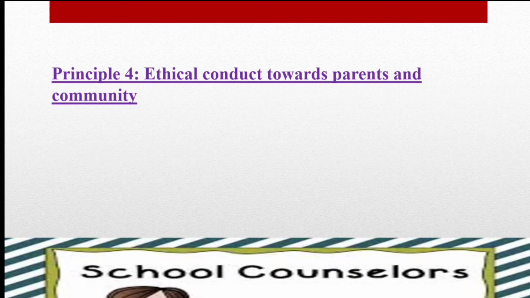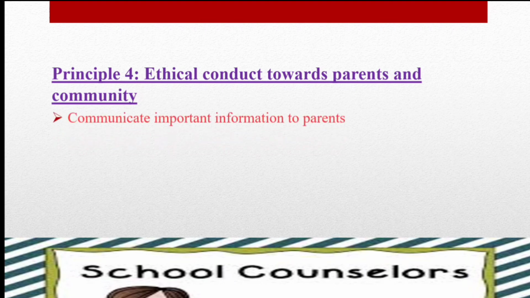The fourth principle is ethical conduct towards parents and community. Communicate important information to parents. You must communicate with the parents of the client, so that they will also be aware of the client's problem, or they will also be aware of the interests of the student.